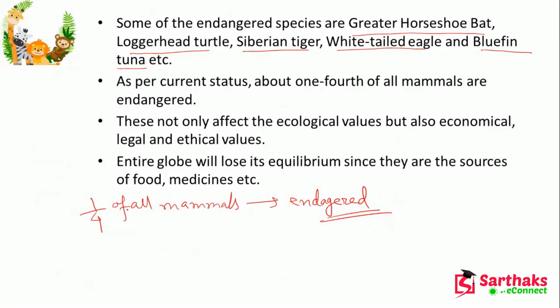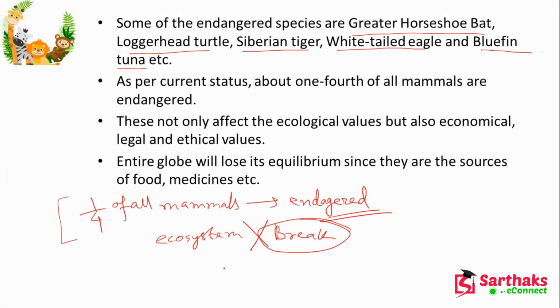This will affect not only the ecological values but also the economic, legal and ethical values. So the entire globe will lose its equilibrium. If this ecosystem breaks, then there is a huge problem we have to face.